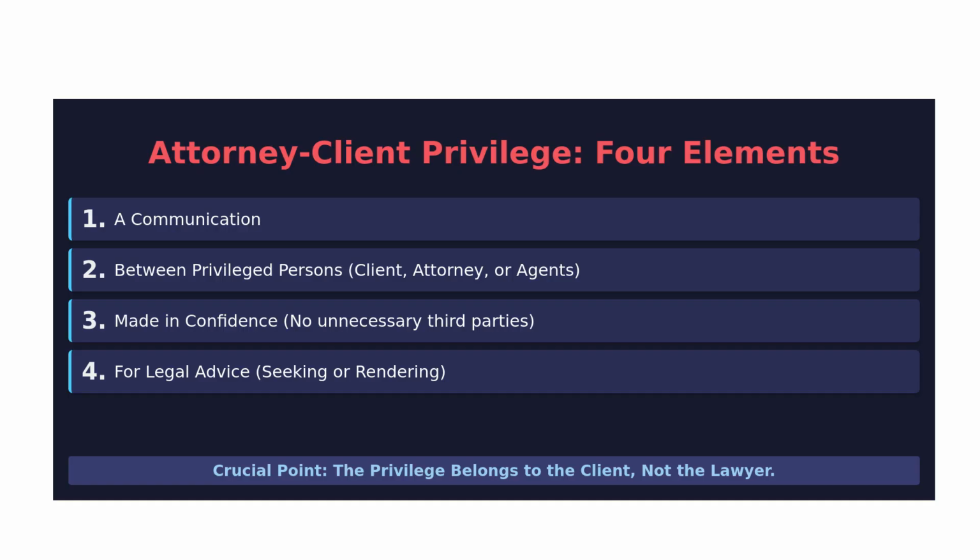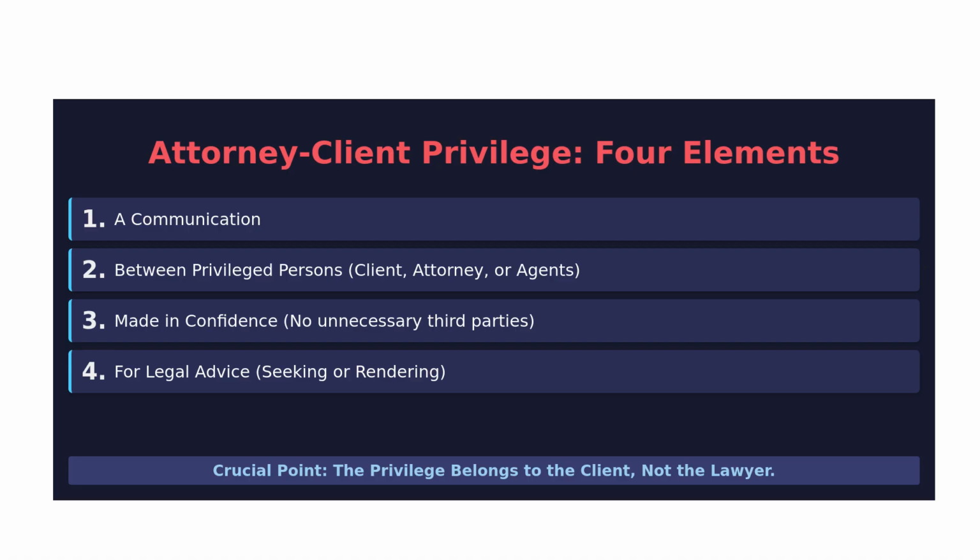Now we transition to the core requirements for the attorney-client privilege to attach. For any communication to be shielded, 4 essential elements must be satisfied. First, there must be an actual communication between the parties involved. Second, this communication must occur between privileged persons, meaning the client, the attorney, or their necessary agents assisting in the legal representation.